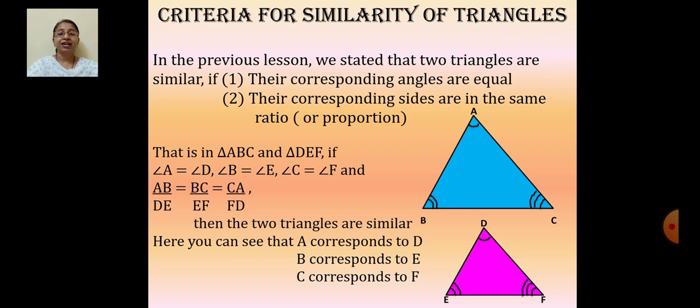Yes, side-side-side criteria, side-angle-side criteria, angle-side-angle criteria. Right. So in the same way here also we will make an attempt to find certain criteria involving fewer pairs of corresponding parts of two triangles, so that we can make two triangles similar. So let us see what those criteria are.